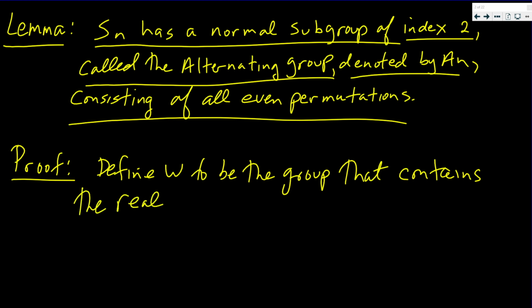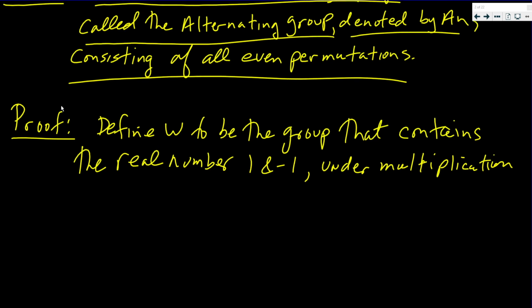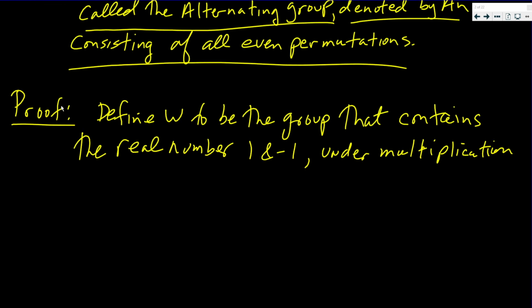It contains the real numbers 1 and negative 1, under multiplication. A good exercise for you would be to prove that this is actually a group. It only has 2 elements, and it's multiplication, so nothing's very hard there.